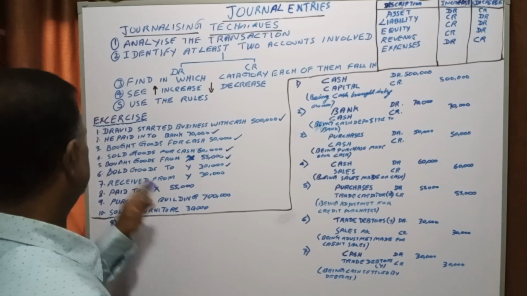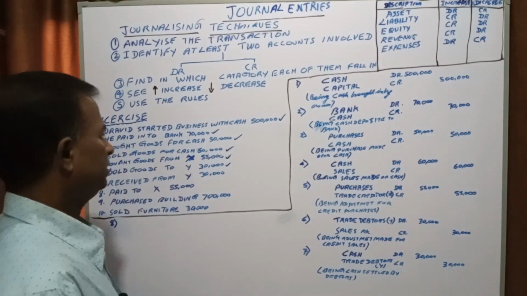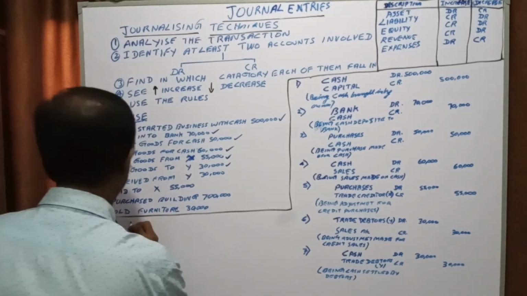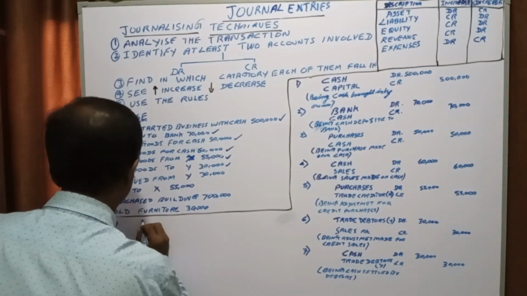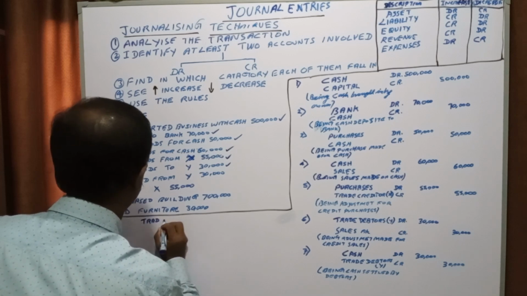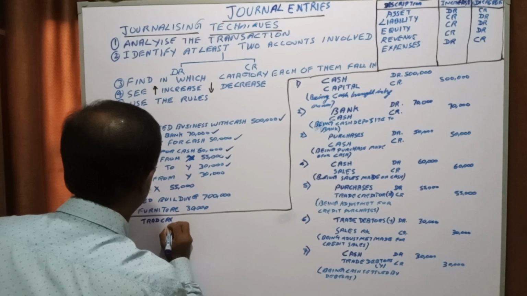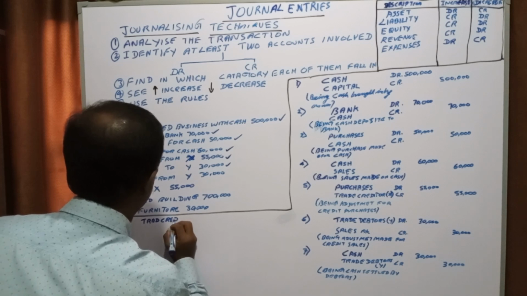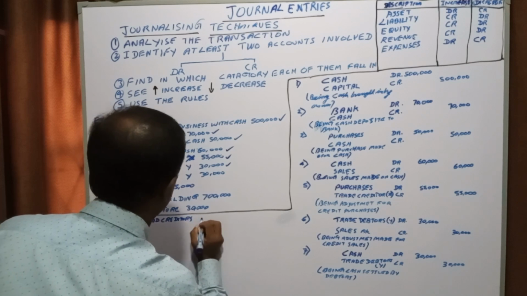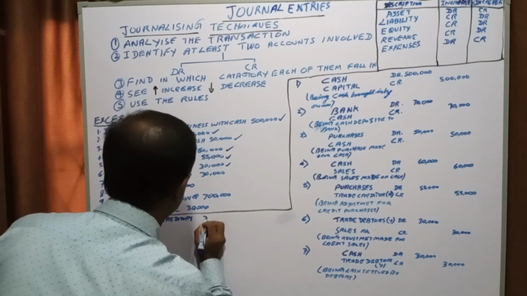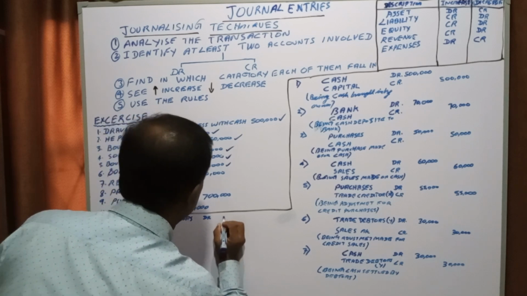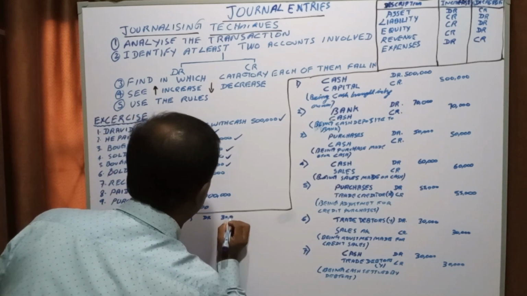X, who is that X? X is the trade creditor. Then trade creditors account debit 55,000.